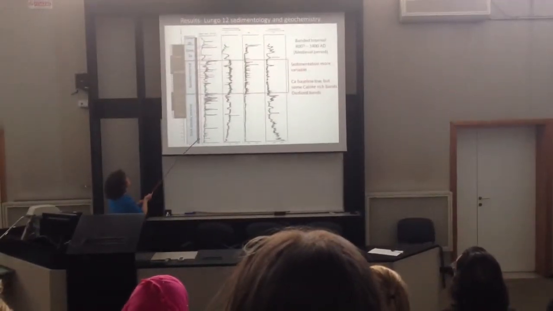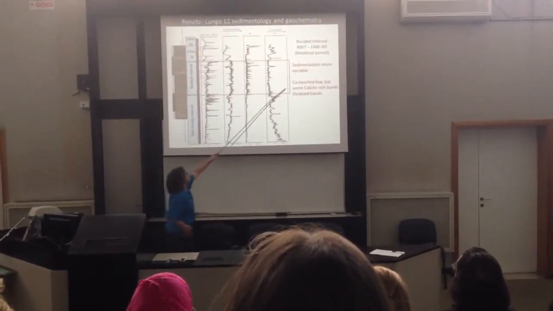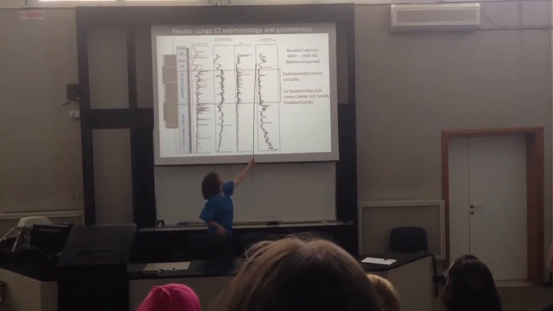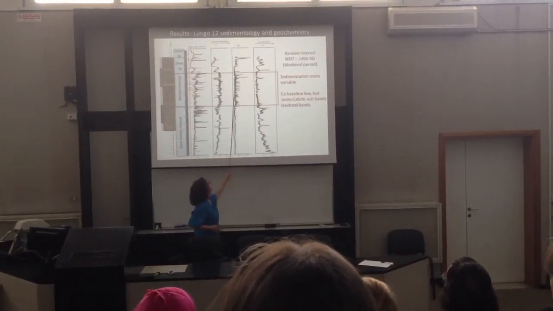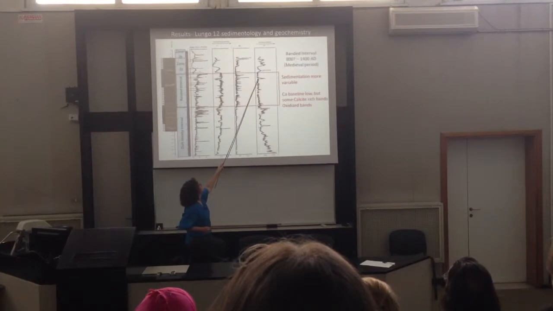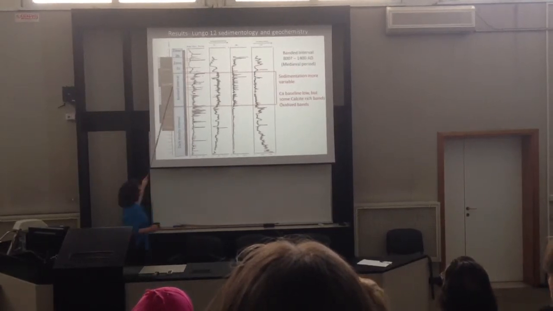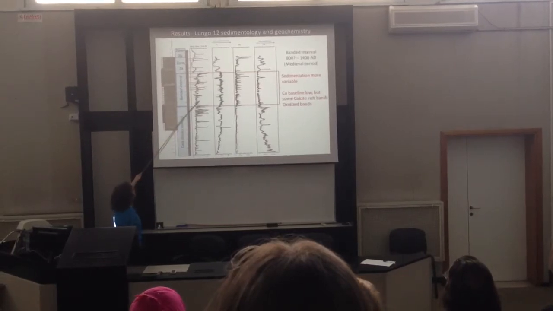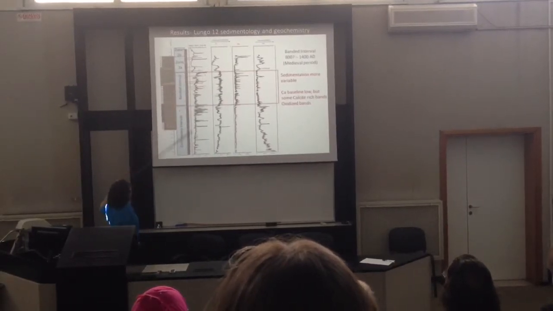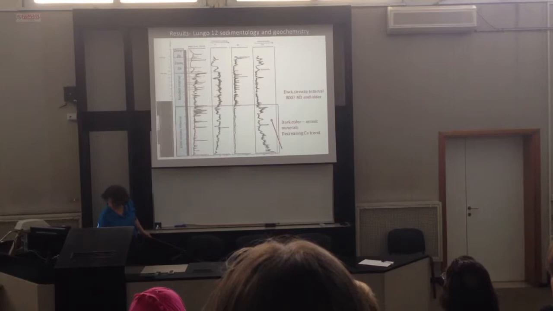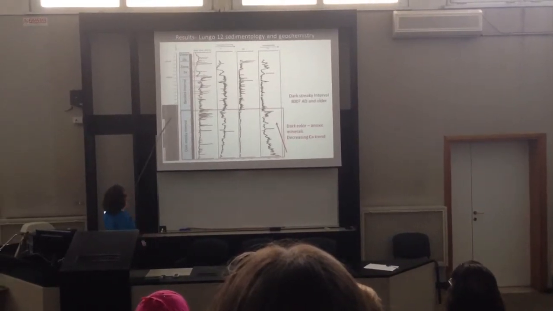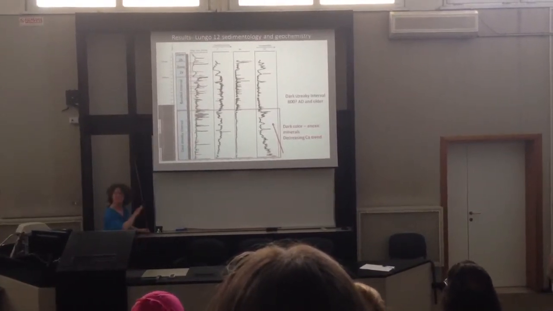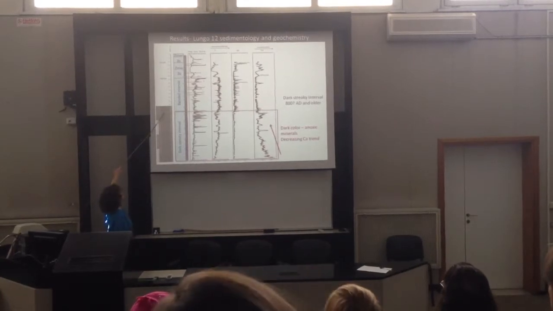And what's interesting is to contrast this part with lower down, where it changes, and I don't know if you can see it as well, but it's not as variable.